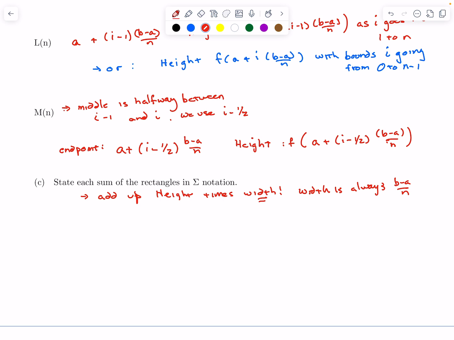So I'll just write down the three formulas. The sum, right-hand numbers, is going to be the sum I going from 1 to n of the heights. Don't forget the a plus I many b minus a over n's. Don't forget to multiply by the width.